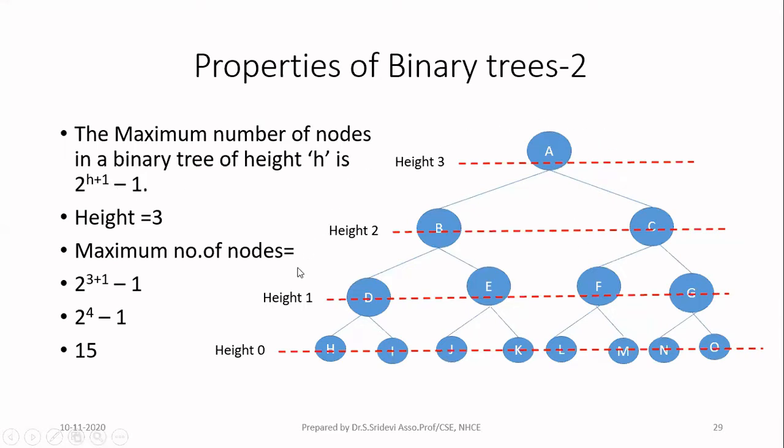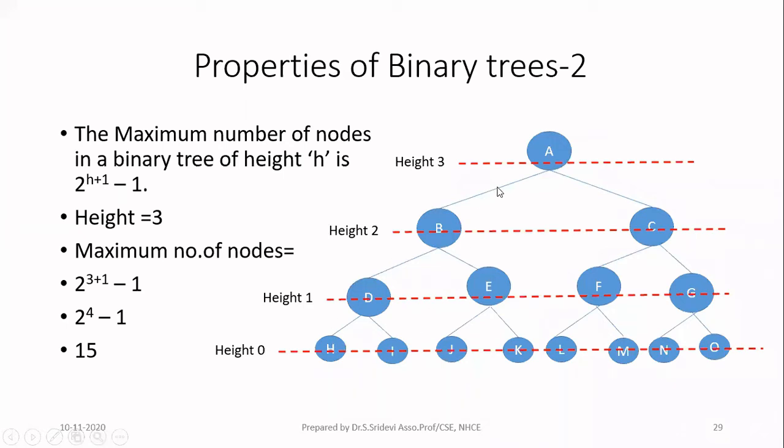Now, consider this tree having height 3. The reason for 3 is that you have to count the longest path. All the paths here have the same length, the number of links in every path is 3. Whatever is the length of the longest path, that will be the height of the tree. So here, the height is 3.